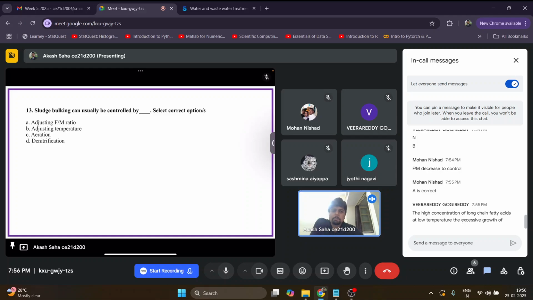It may give some better settling conditions, but it won't affect as much as adjusting the F/M ratio will do. So option A should be the correct answer. Is it clear?